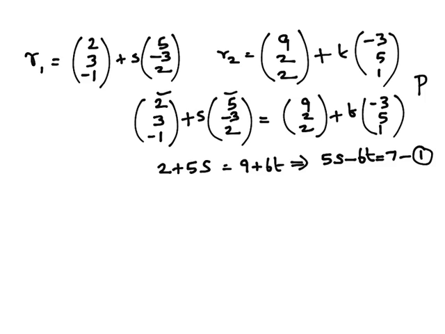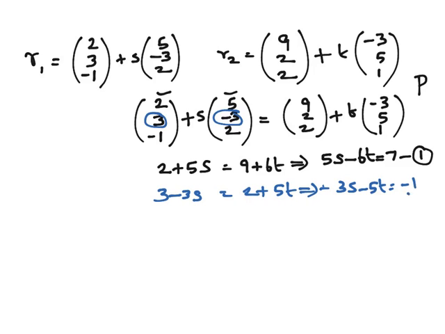Okay. Now let us look at the second one. Let me use the blue color. So 3 - 3s equals 2 + 5t. If I combine s and t, I'll get -3s - 5t equal to -1.